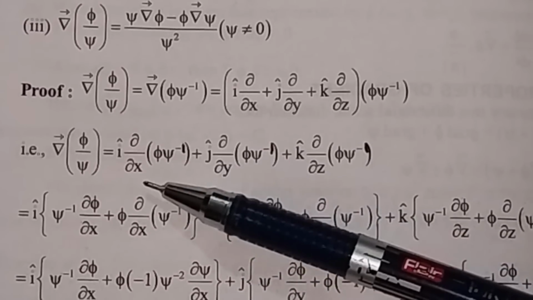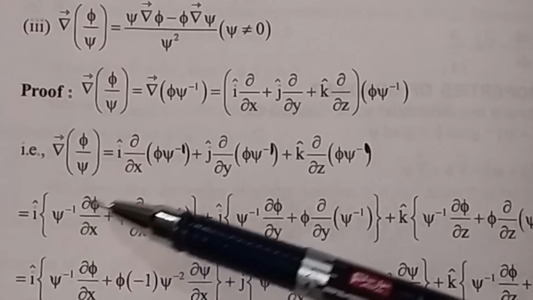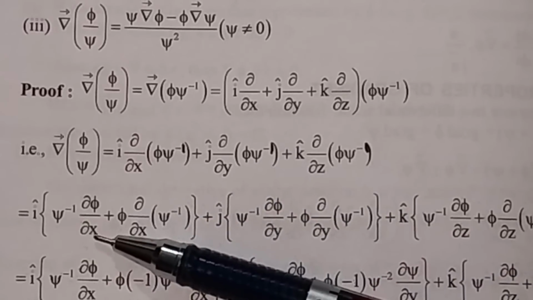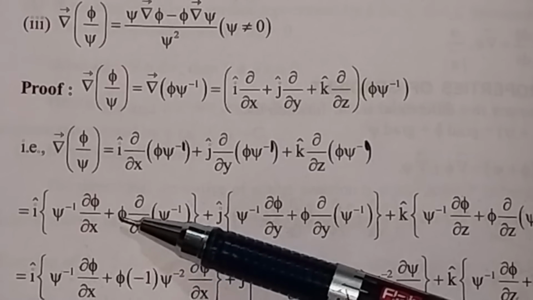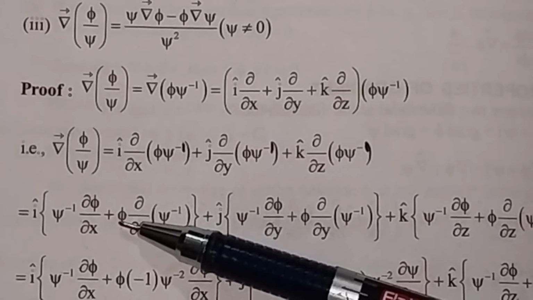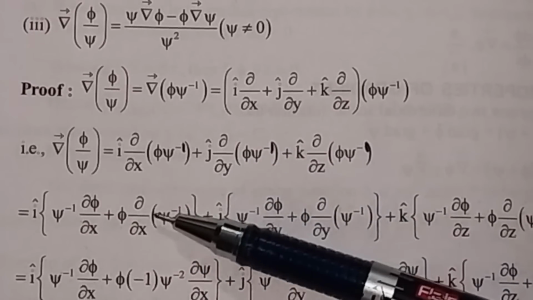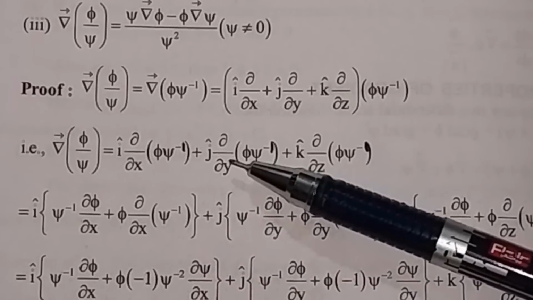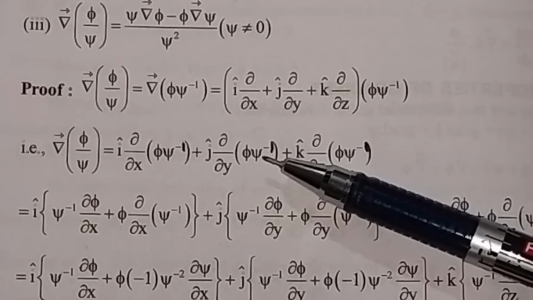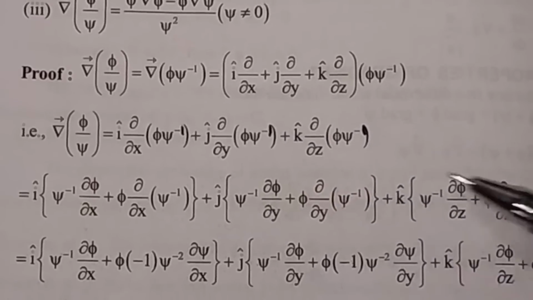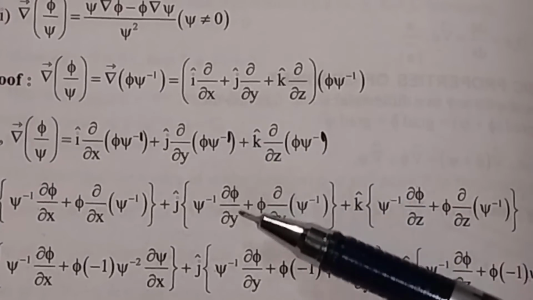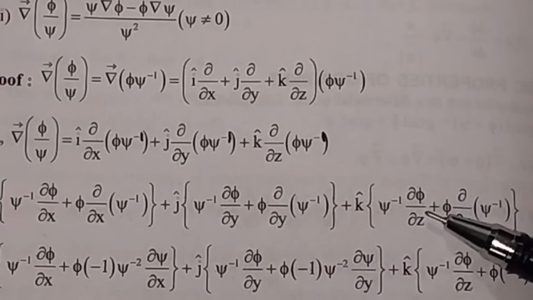So here psi inverse is taken as the second function, then derivative of the first, that is, derivative of phi with respect to x, plus the first function, that is phi, then derivative of the second, that means derivative of psi inverse. Similarly, you find the partial derivative of this product function here also. This is for this function and this is for this function.